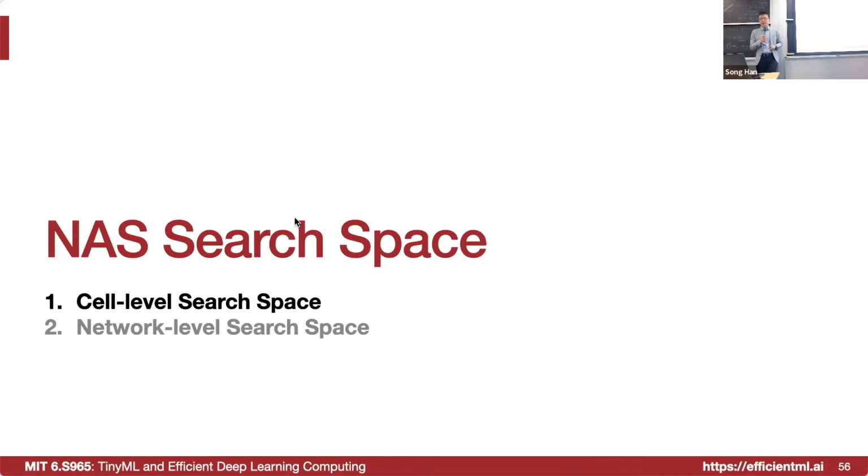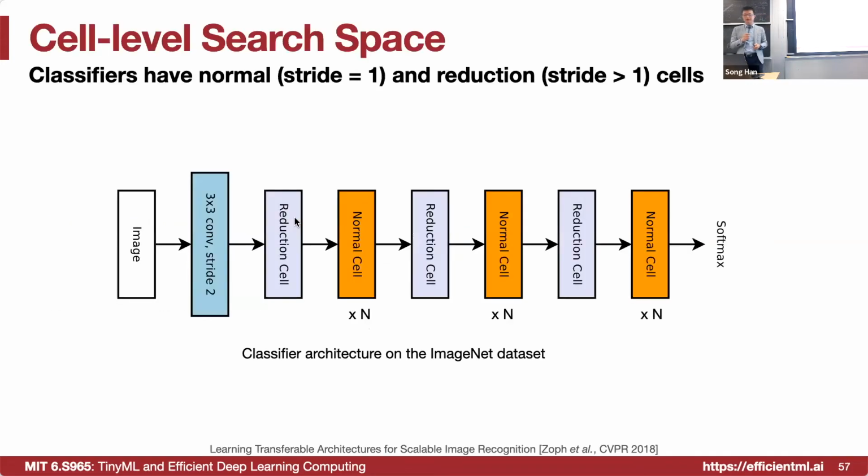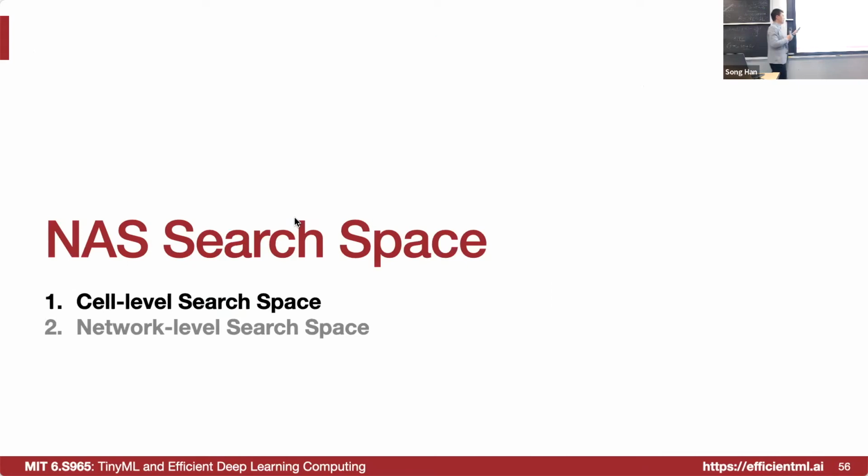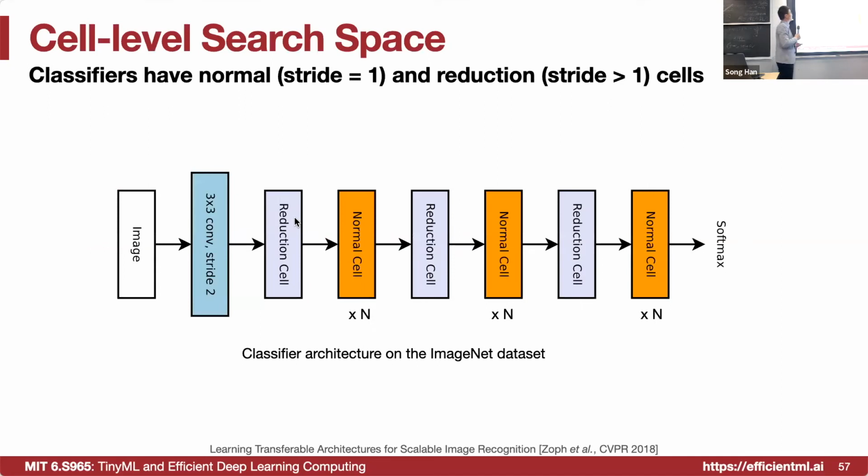So let's first talk about the search space. Here we have 2 possible search spaces. One is on the cell level, for each cell. The other is the network level search space. So let's start by talking about the cell level search space.